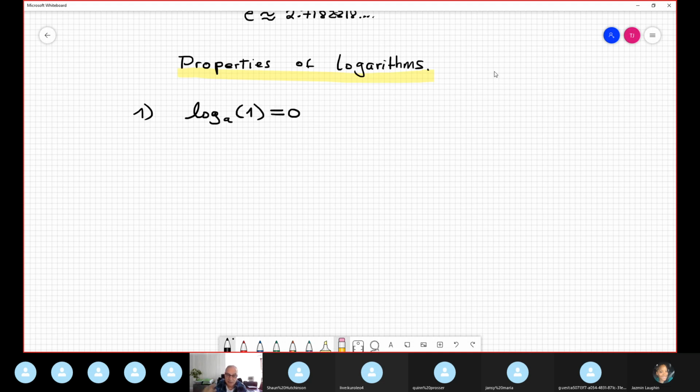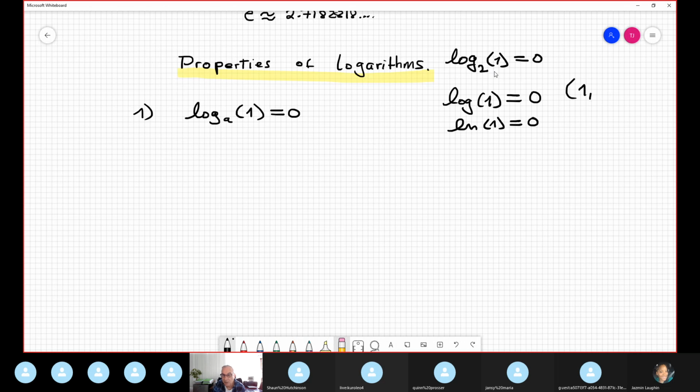Okay, guys, regardless of the base, see the base is 2, see the base is 10, see the base is e, you know, for example, you put in a calculator logarithm of 1 is 0. I omit the base because I suppose it's 10, it's common. LN of 1 is 0. LOG, sorry, base 2 of 1 is 0. So, this is the classical, remember the famous (1, 0) point, which is the universal point of the logarithm. Okay, logarithm of 1 is 0, keep in mind, everyone.